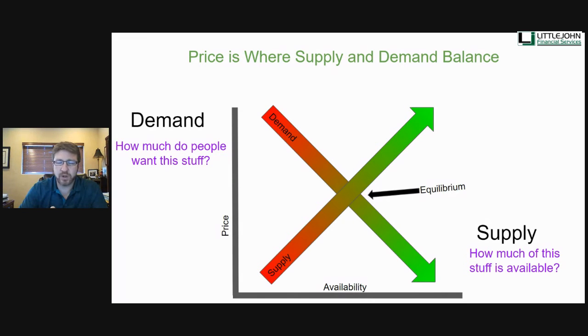If we make more dollars exist, then there's more dollars to chase after goods and services. And so when we look at monetary supply, we change the number of dollars that exist. So how many dollars can be spent? If we make more dollars available, it will change the price of things.